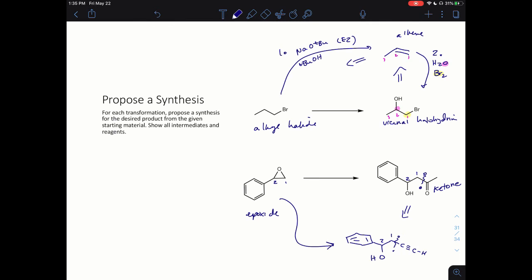Can we do that? Yes, we can. We can open up epoxides with acetylide ions. We talked about that a couple lessons ago. So this undergoes an SN2 reaction, opens up that epoxide. You do need the proton source, so you can do a workup. You can treat with water afterwards. Okay, this proton has to come from somewhere, so it comes from the workup.